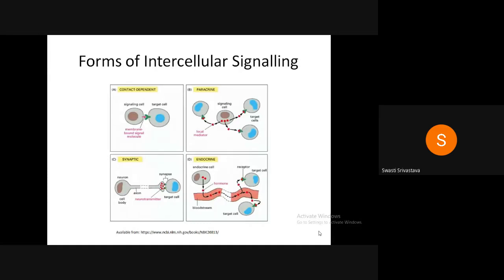First is contact dependent signaling, also known as juxtacrine signaling. In this method, of the two cells in communication, one is sending out the signal and the other is the target.